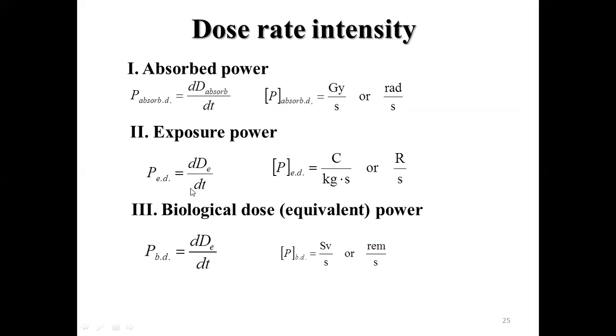Biological dose power correspondingly gives us the rate of change of our equivalent dose in time. So we have units of measurement: gray per second, rad per second, Röntgens per second, and sievert per second, or rem per second.